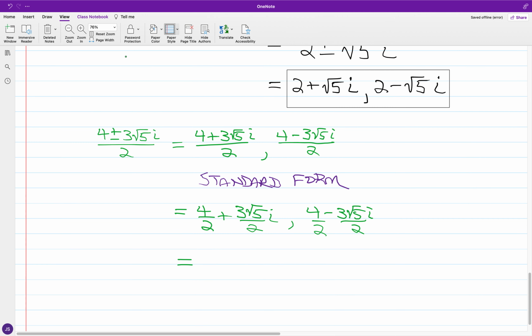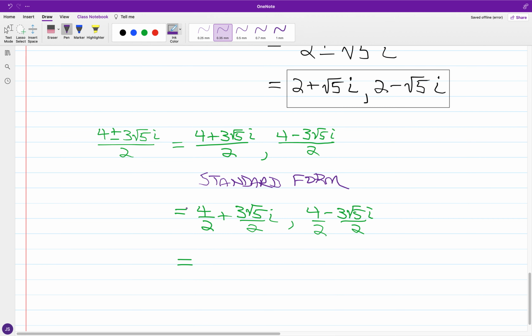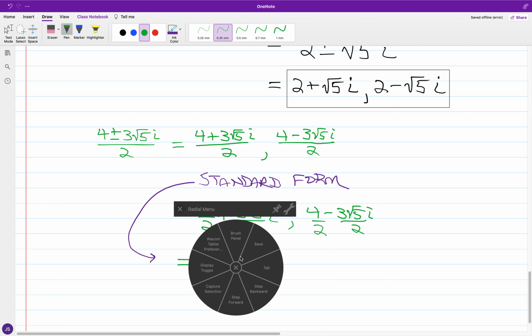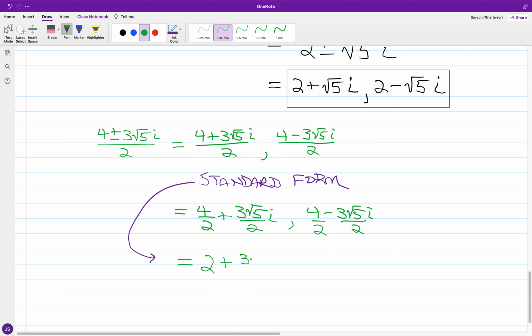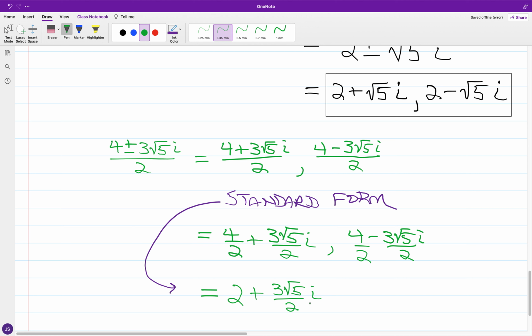So for your standard form, 4 halves is going to be 2, plus 3 times the square root of 5 over 2 times i, and 2 minus the same thing, 3 times the square root of 5 over 2, where that ratio is also multiplied by i. But if it doesn't ask for the standard form, that part is okay.